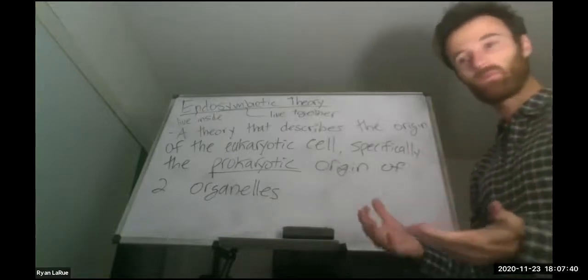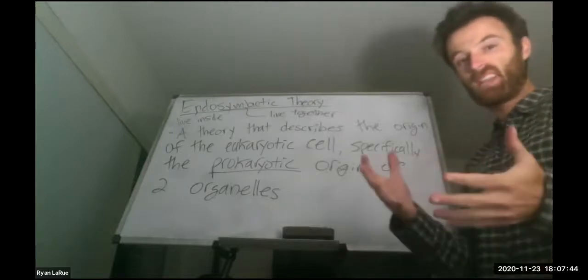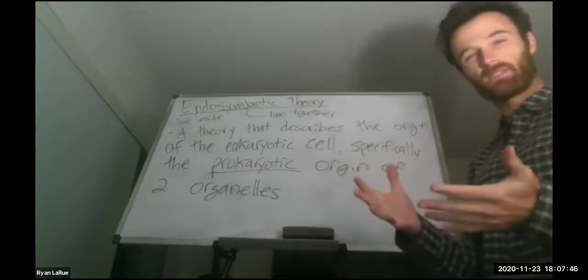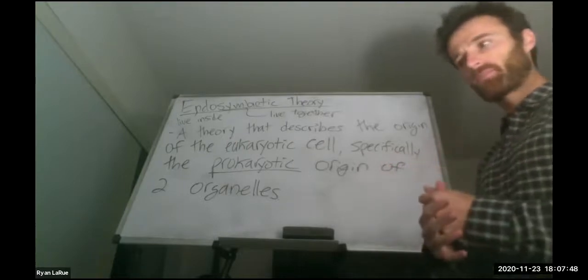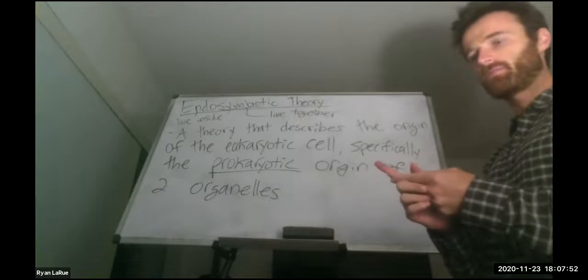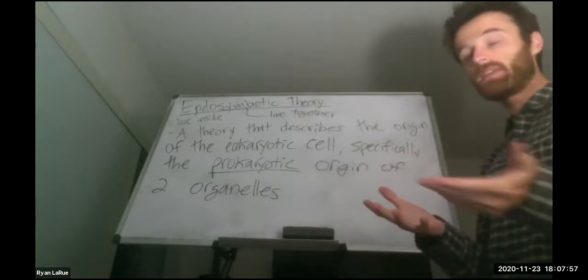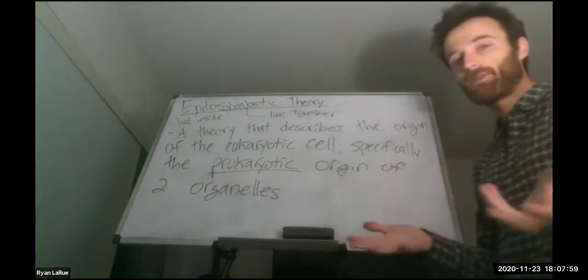Really what happened was an anaerobic bacterium that made barely any energy with fermentation saw the aerobic bacteria and was like, dude, you make way more energy. I'm gonna eat you, or let's work together.